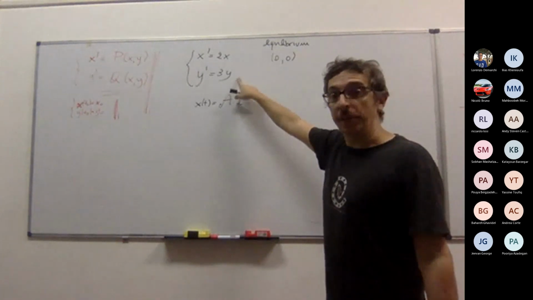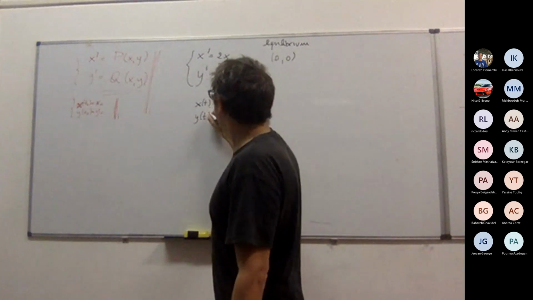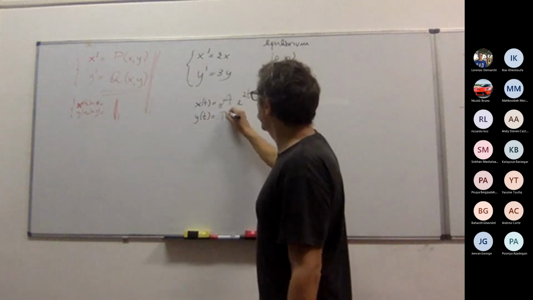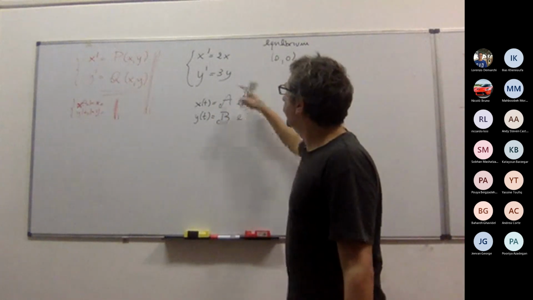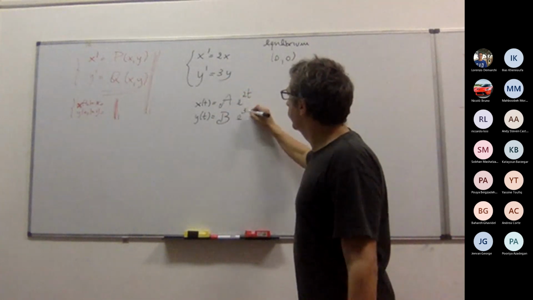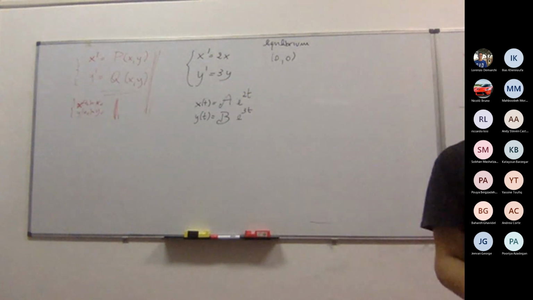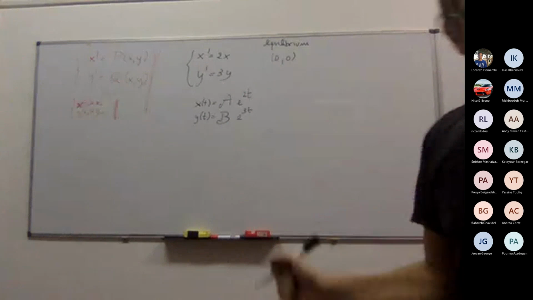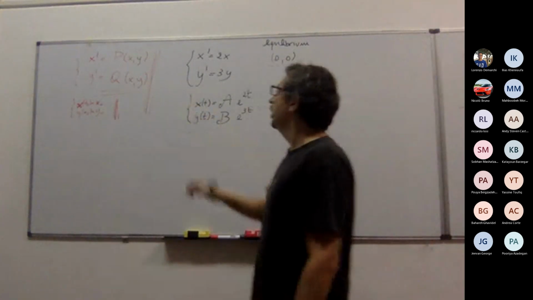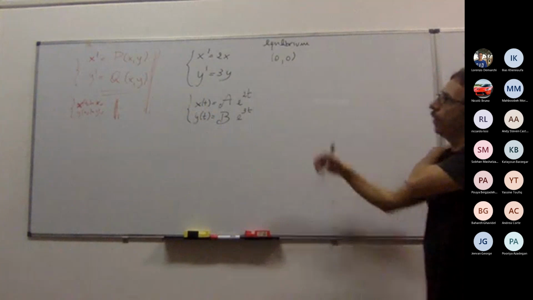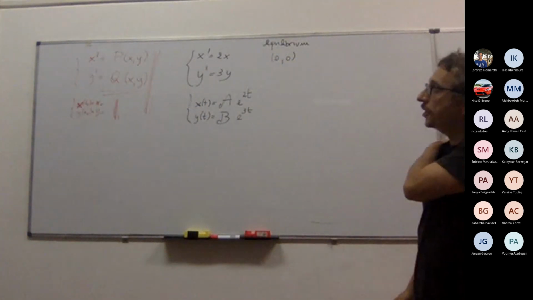The solution to the second equation, well, it's very similar. It's going to be some y of t, another constant that I call b, times the exponential, in this case, of 3t. So this is the general solution of this linear system of first order.